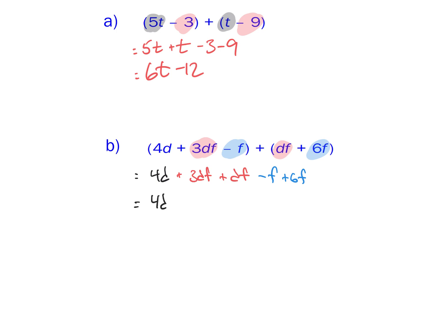So 4D, nothing changes there because there was nothing to simplify it with. If you put the DFs together, how many DFs do you got? 4DF. Beautiful. And if you put the F's together, how many do you got? 5F. Excellent. Plus 5F. And that's it. That's how we do that question.